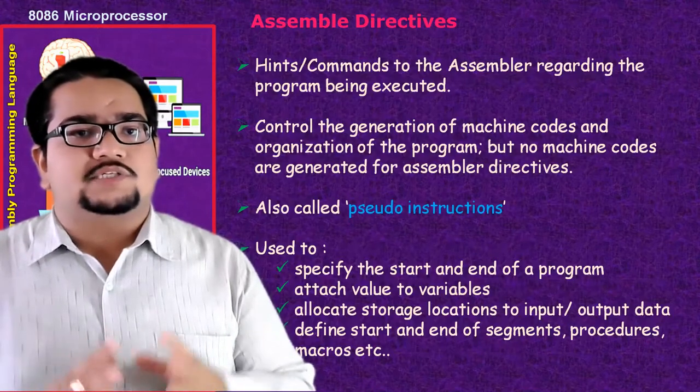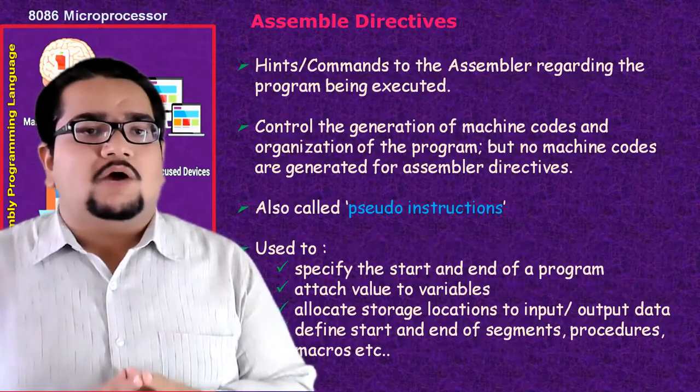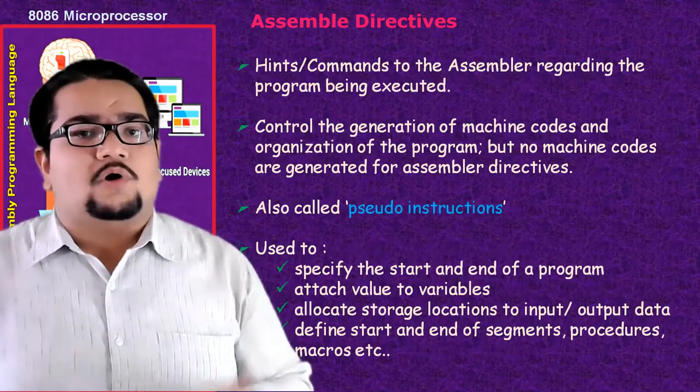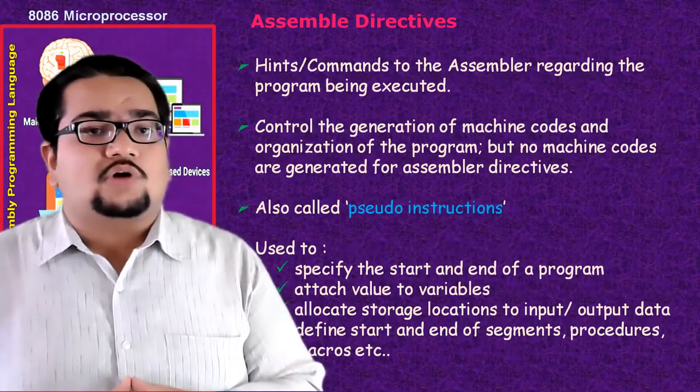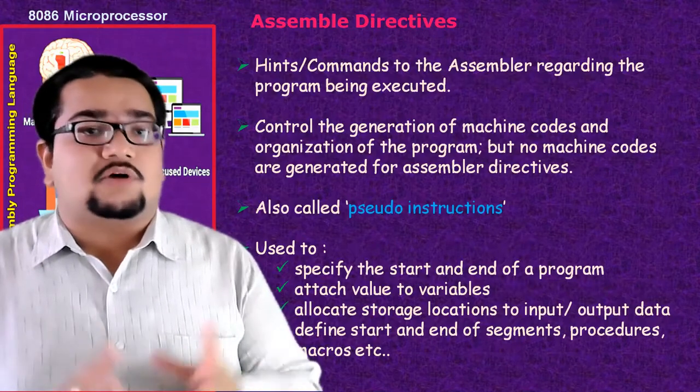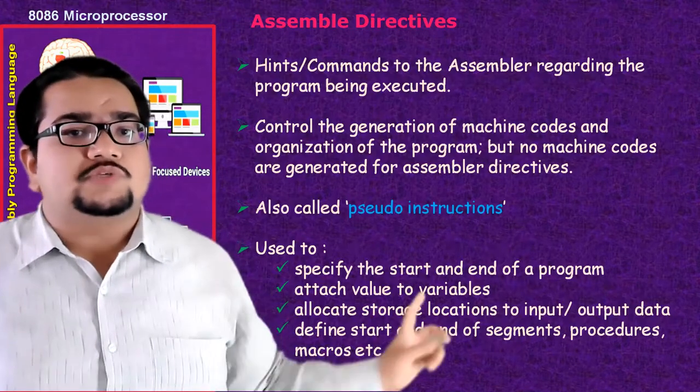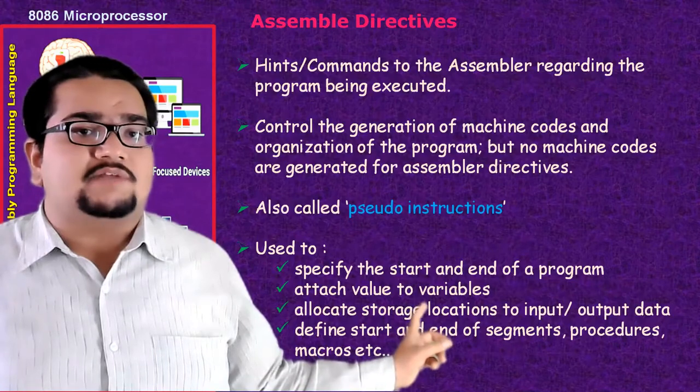What it understands is only the machine code. We also call the assembler directives pseudo instructions, because they are a sort of instructions we are providing to the assembler but not to the processor.